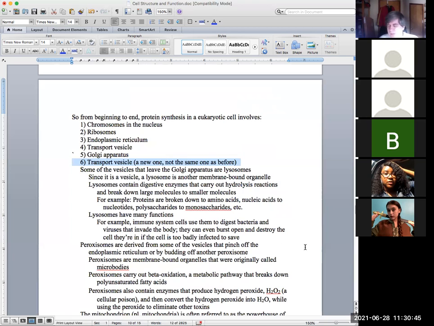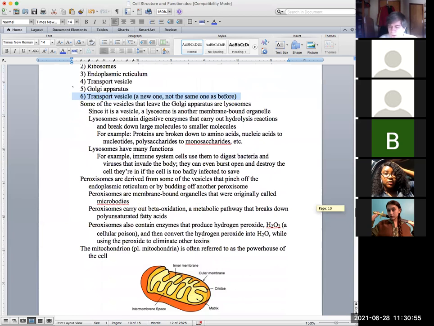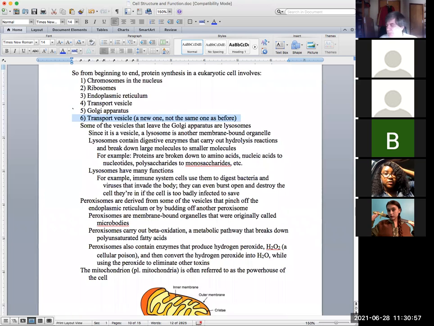And there are other types of vesicles that get made by the endoplasmic reticulum or by the Golgi apparatus, but these are the only 2 that we're going to worry about right now. So are there any questions about how a peroxisome or a lysosome works, or how protein synthesis works in a eukaryotic cell?